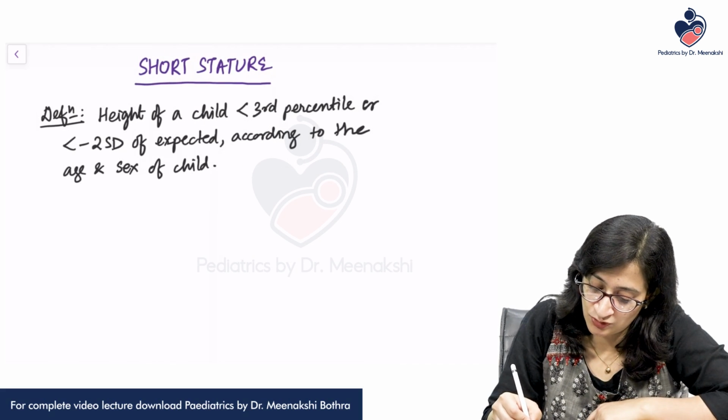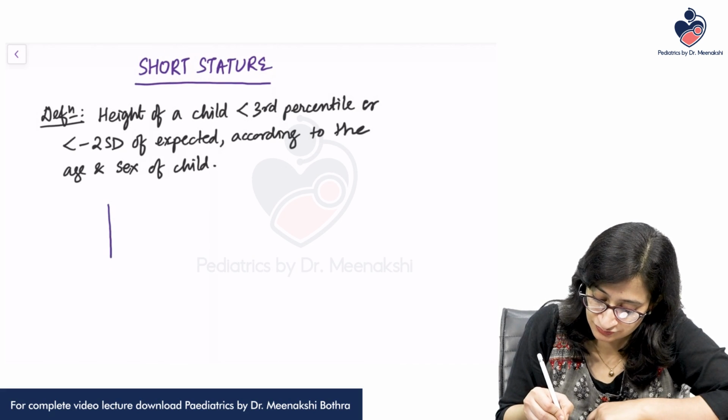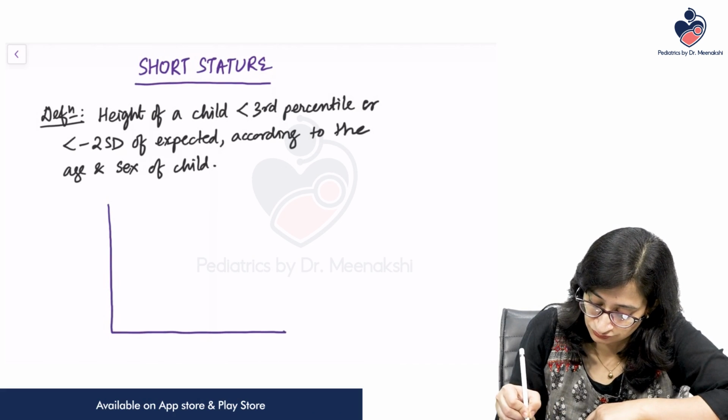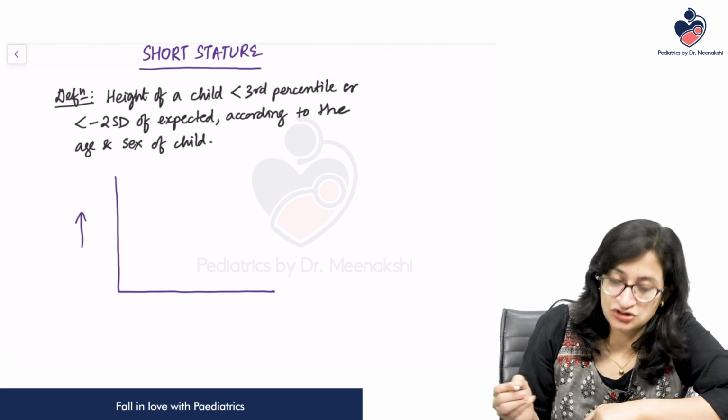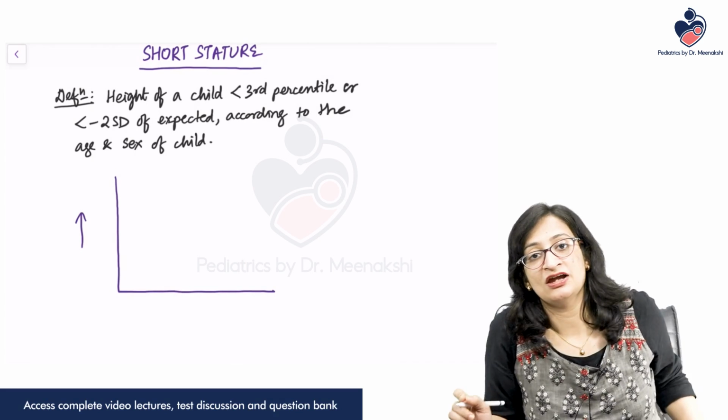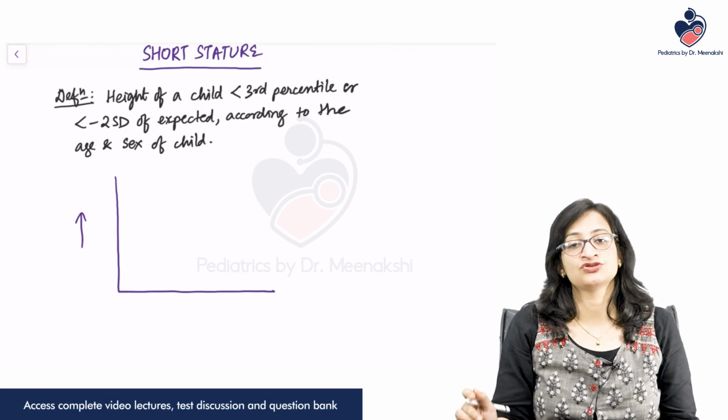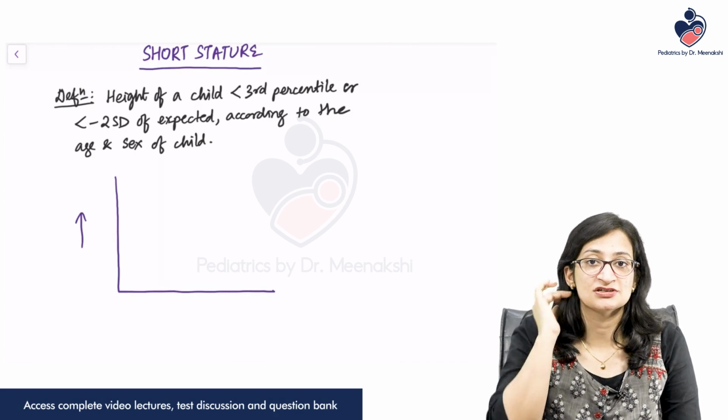So if we try to plot it on a growth chart, you may be given a growth chart in exam and you may be given a child and his height and weight and you may be asked to plot it on the growth chart and interpret the same.